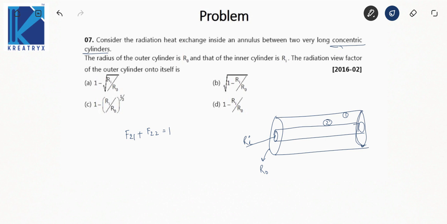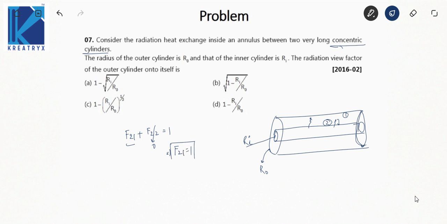Can I say that f22 is 0? This is 0 because all the fraction of radiation energy from 2 will be going to 1, and there will be no fraction of radiation energy that will be going from 2 and falling on 2 again. So f22 is 0, f21 is equal to 1. That implies f21 is equal to 1.